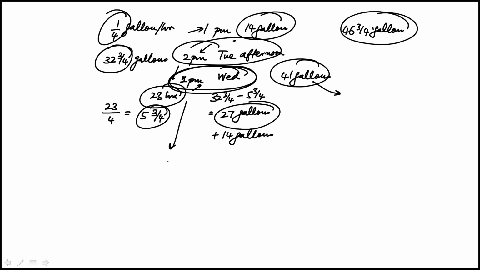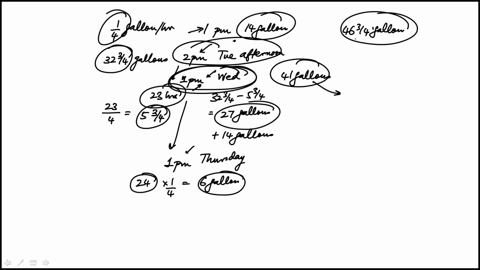So then what we do is we write down, okay, what will be the amount of water in the tank at 1 p.m. on Thursday? Because we know again we'll be leaking 1/4 gallon an hour, every hour. Now that will be a 24-hour time period, because we're going from 1 p.m. to 1 p.m. the next day. So 24 times 1/4, that's 6 gallons.